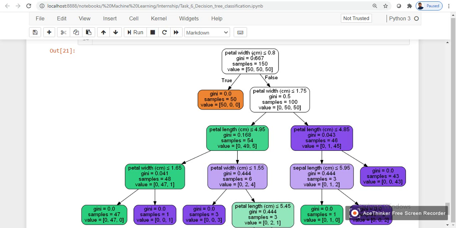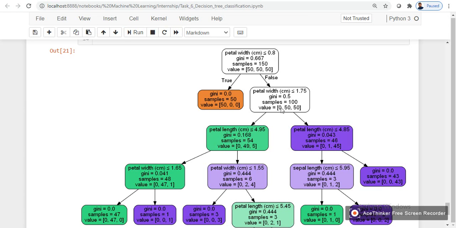So the algorithm applies the condition that if the petal width is less than 0.8, it splits the data into two different datasets, and again it splits the data with the condition petal width less than 1.75.